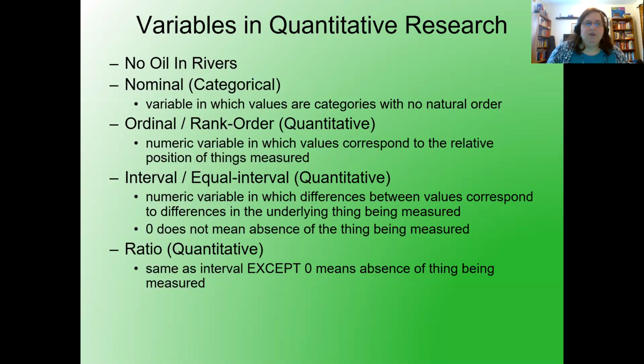Now, the basic difference between interval and ratio is the 0. In interval, 0 does not mean the absence of the thing being measured. And the best example I can give you is temperature. If you're measuring temperature in Fahrenheit or Celsius, then 0 does not mean the absence of temperature.